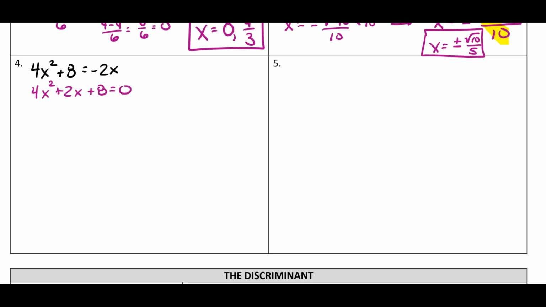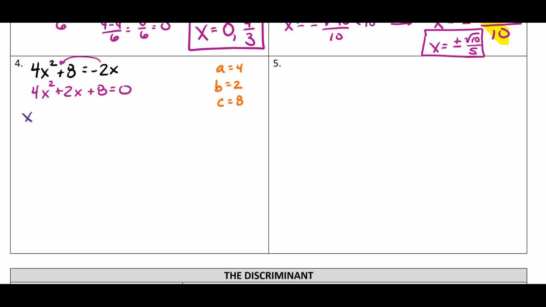Notice I didn't just put the plus 2x anywhere. I put it between the 4x squared and the 8. I need it right in between there because that puts it in standard form. So now my a is going to be 4, my b would be 2, and my c would be 8.